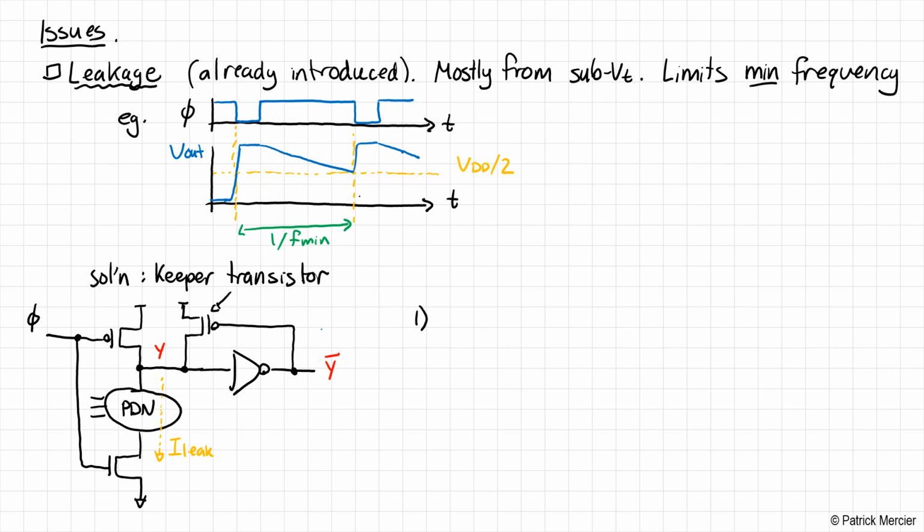So what happens in this case? If y is equal to 0 and y bar is equal to 1, then what happens? Y is equal to 0, so the output y bar is equal to 1, and that PMOS transistor is off.